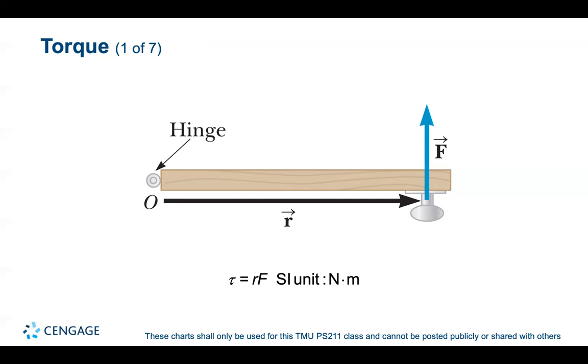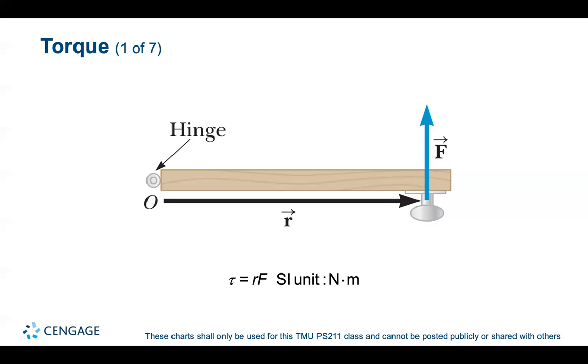Take a look at the figure, which is an overhead view of a door hinged at point O. Imagine that the door is free to rotate around an axis perpendicular to the slide and passing through O. If a force F is applied to the door, there are three factors that determine the effectiveness of the force in opening the door: the magnitude of the force, the position of the application of the force, and the angle at which it is applied.